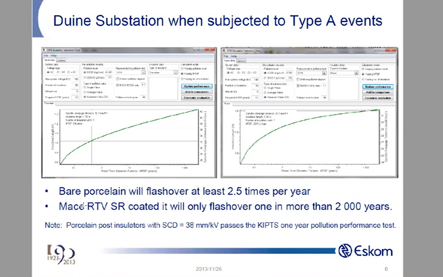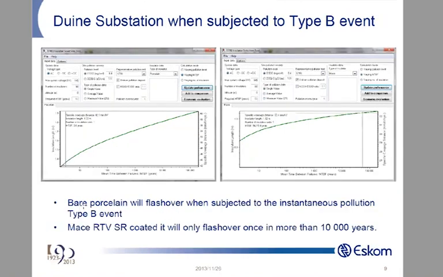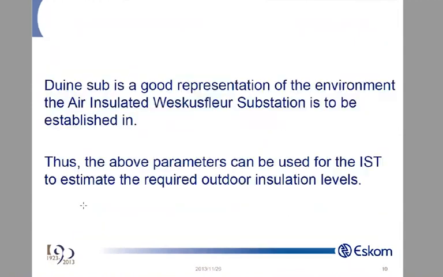Now, what if this is exposed to that severe pollution event? Well, the porcelain will flash over every time. But the coating, no problem. Our tool works, so we're happy.